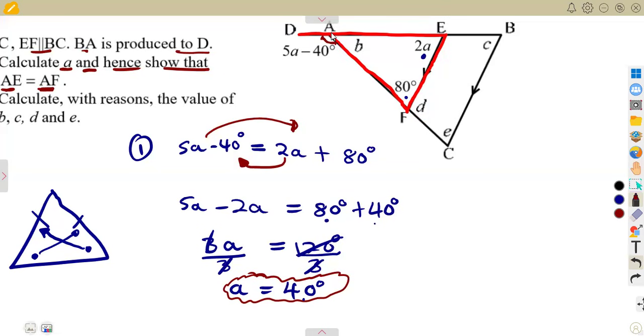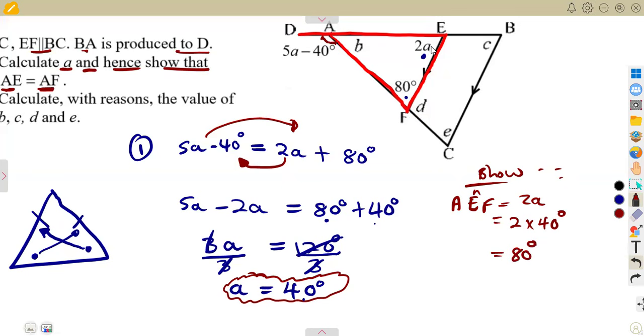All right, angle AEF. It follows that this is 2A, which means 2 times angle A, which is 40 degrees, and that is 80 degrees.